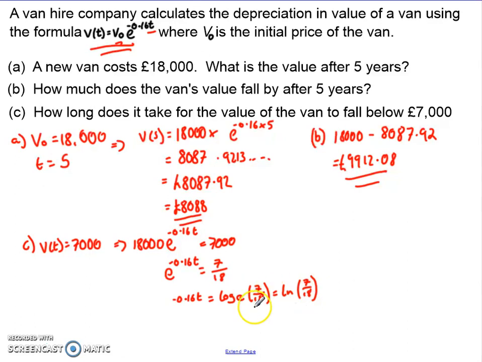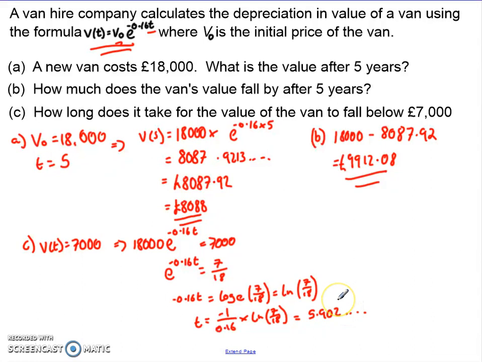Doesn't matter which version you use. This one's probably easiest to use in your calculator. We then divide by the negative 0.16 and we know t equals negative 1 over 0.16 times your ln of 7 over 18. Plug it in the calculator and what you get is 5.902 ... years. So 5.9 years is what it roughly takes.